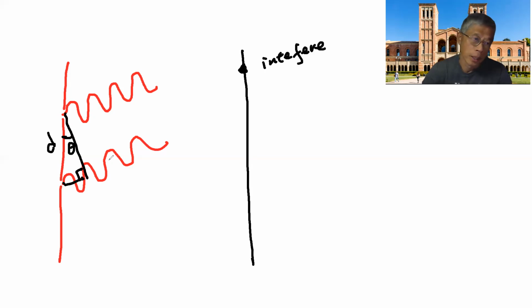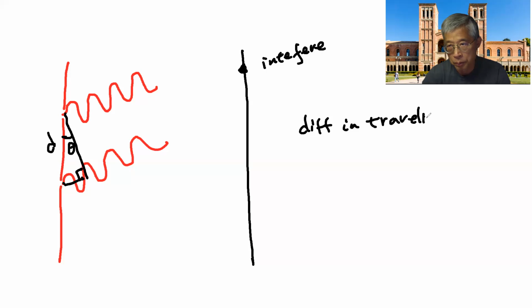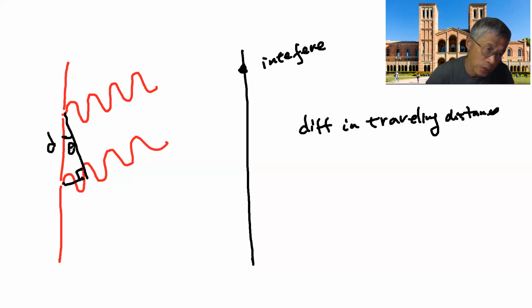But they have a little difference in terms of the traveling distance, right? So the difference in traveling distance between these two waves, right? And what's the difference here? The difference is right there, this one here. This is the difference. So this is called d sine theta, right?